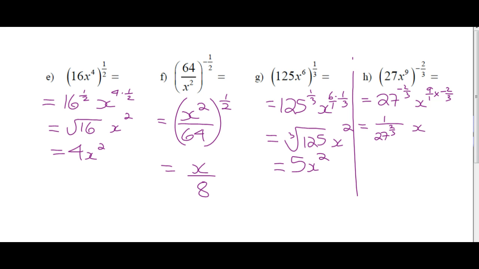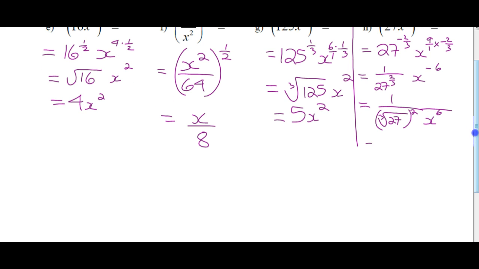Which is? So it's negative 6. So this is 1 over the cube root of 27 squared, and then the x to the negative 6 moves down to the denominator where it becomes x to the positive 6. Cube root of 27 is? Squared is? So it's 1 over 9x to the 6th.